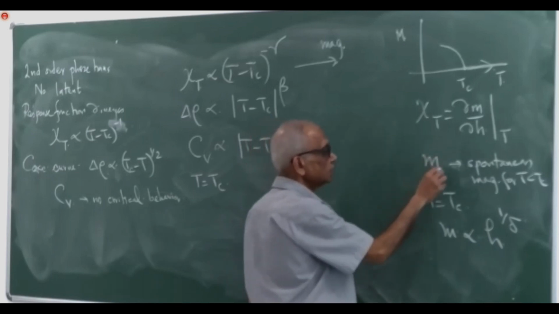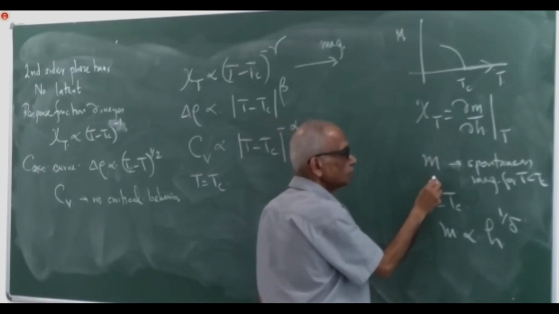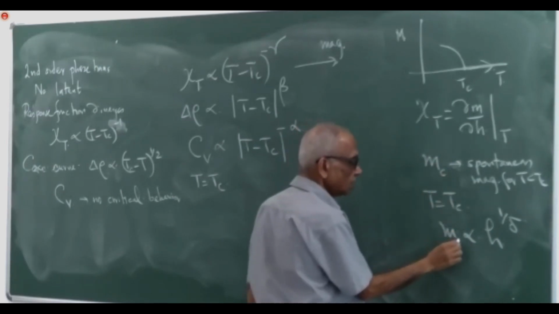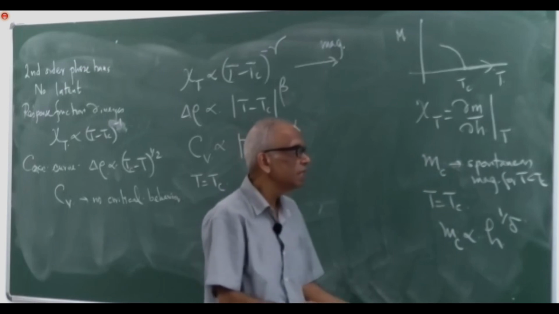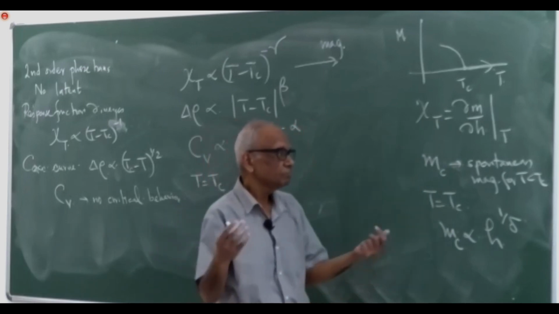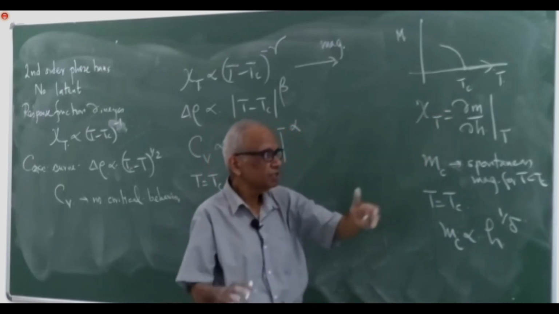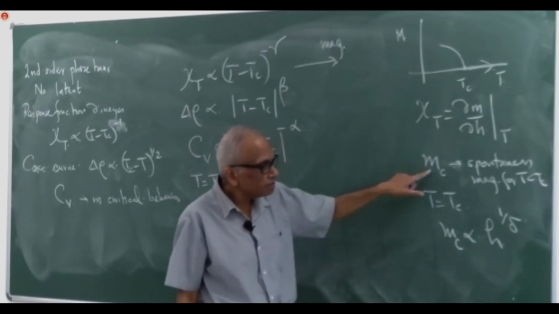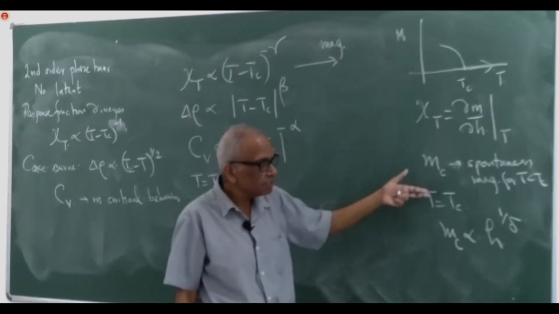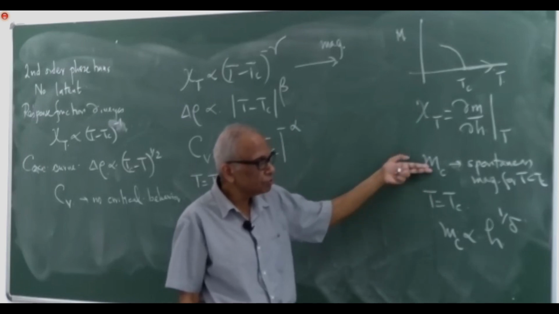So let's put the spontaneous magnetization as something like MC, the average value which you see below Tc. Exactly at Tc, MC is equal to 0.